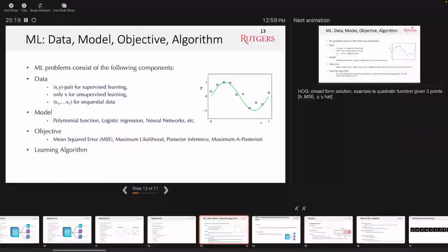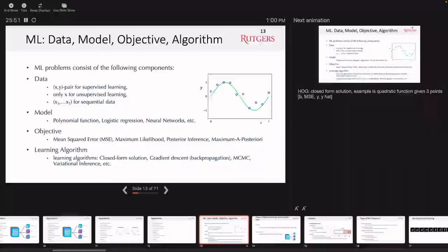And so this is the objective function. The last piece is the learning algorithm. When we say that we're trying to find a model such that this objective function is minimized, how exactly do you find the model? Imagine that your model is a polynomial function. Then a polynomial function is parameterized by the coefficients.